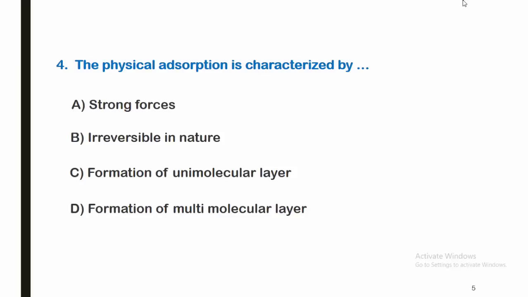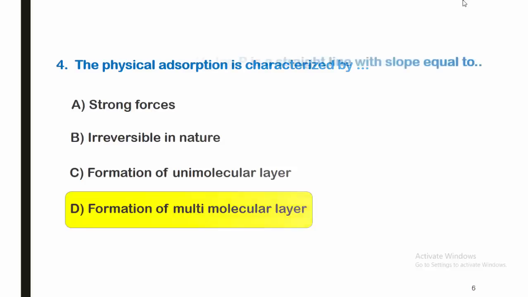As we know, there are two types of adsorption we studied in the previous lectures, chemical adsorption and physical adsorption. So physical adsorption is characterized by the formation of multimolecular layer, that is option D, the right answer.